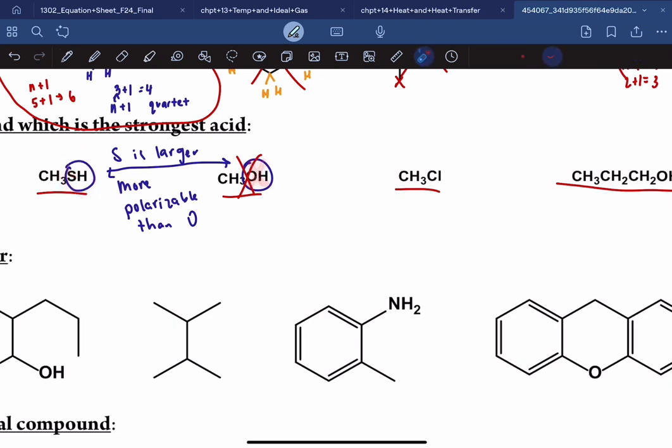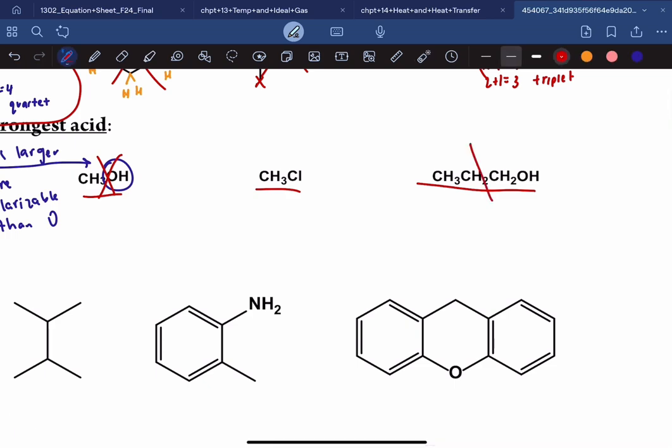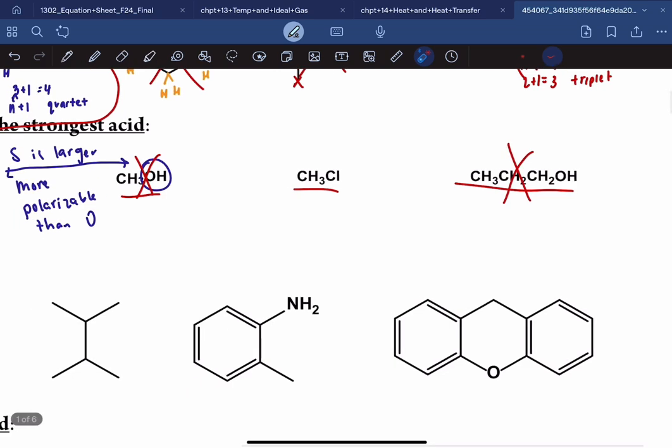And similarly here, SH is going to beat this one because SH is a better acid than OH. So then the last thing you need to look at is CH3Cl. Just draw this out and it'll be very obvious.